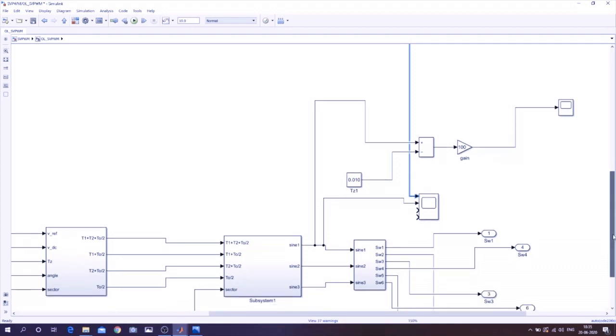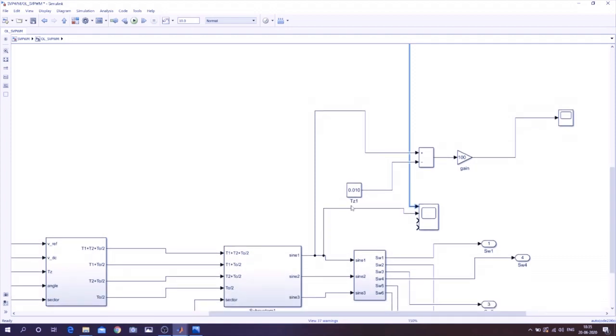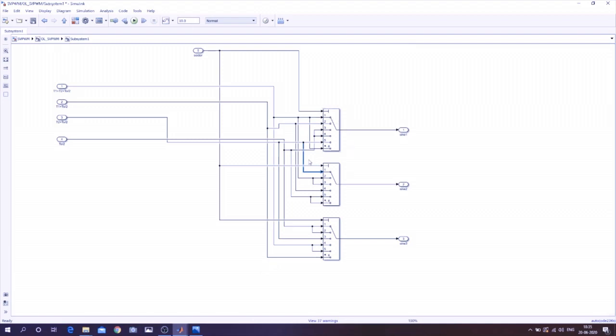The first one is our input sine wave, and the second one is the generated sine wave.